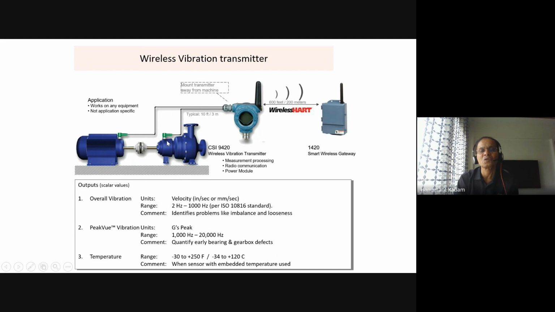These signals are collected on this transmitter, which is mounted nearby, and this transmitter will measure the value of the vibration and transmit to the control system, whatever you have, suppose a dedicated system like I have shown you, Bentley Nevada, or a typical dedicated system or DCS system, through wireless.